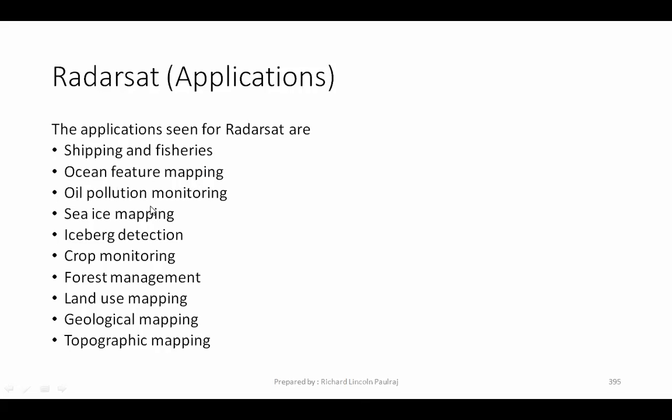Next, oil pollution. Most of the factories let out their industrial waste into the water body, due to which it is going to pollute, and because of this the aquatic animals and aquatic bodies will be affected a lot.